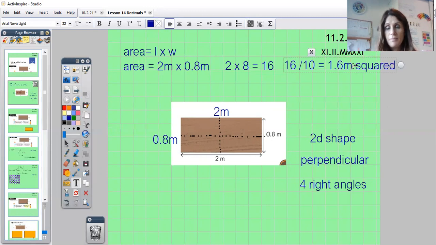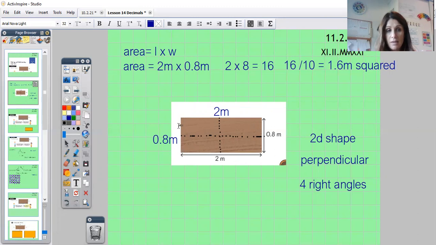Okay, right, let's come back to thinking again about our decimals then. Maybe you might ask the question, what is this length? Or we might say, what is the perimeter? Hopefully you can remember when we're talking about perimeter, we are thinking about the distance around the outside. So if I had to walk around the shape, I would walk along the 2 meters, the 0.8, the 2 meters, and the 0.8.